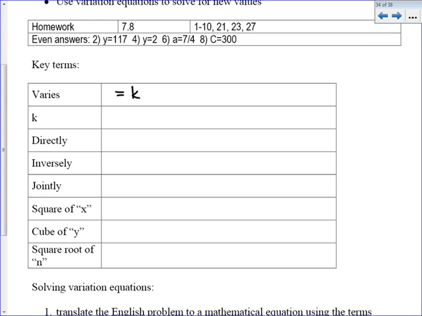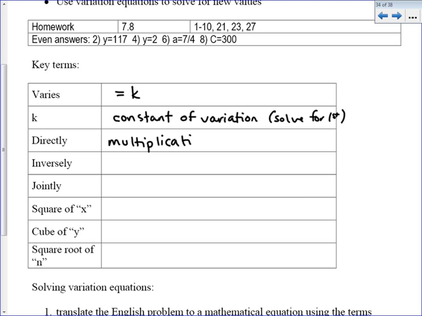K is what is called our constant of variation. And we always solve for this first. The first thing we do after we get our equation set up is we solve for k, our constant of variation. If you see that something is varying directly, we know it's multiplication.